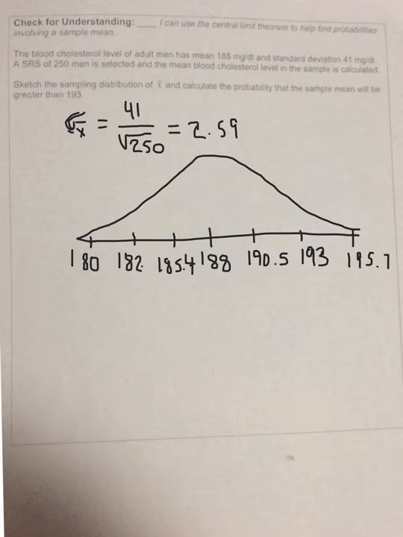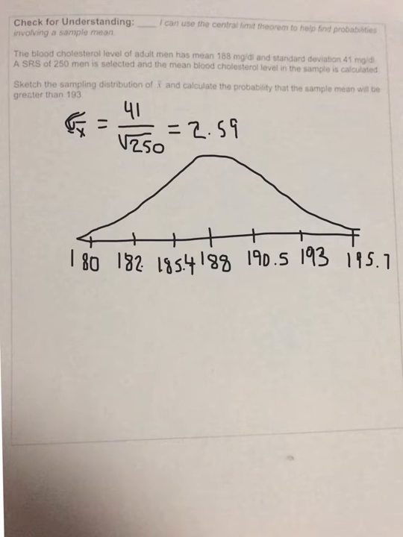But that's kind of what the graph is going to look like. And we're looking at 193. So it's an average of 193 for a group of 250 men. What's the probability that we would get that in this situation? Well, we're up here, so we'll do the z-score. Looks like it's almost 2 or more standard deviations above the average.